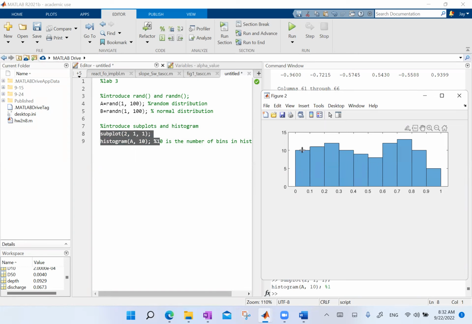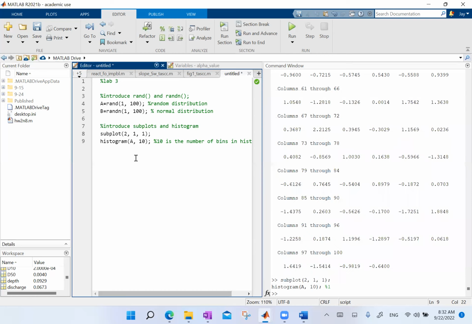And the y-axis is just showing us how many times a number between 0 and 0.1 happens, 10 times. And then there's 12 times we have a number between 0.2 and 0.3. In total we have 10 bins, so from 0 to 1, we divide it into 10 intervals. So that's the first figure that we plot in the subplot.